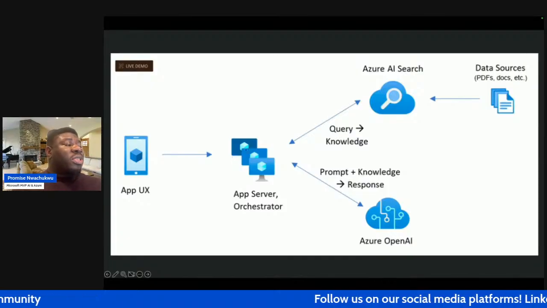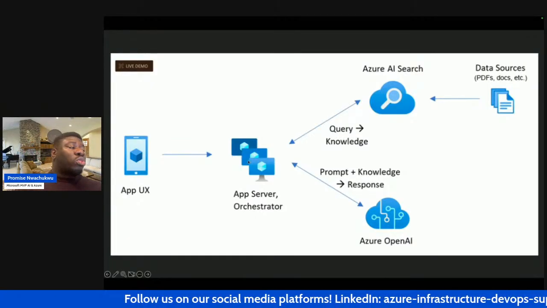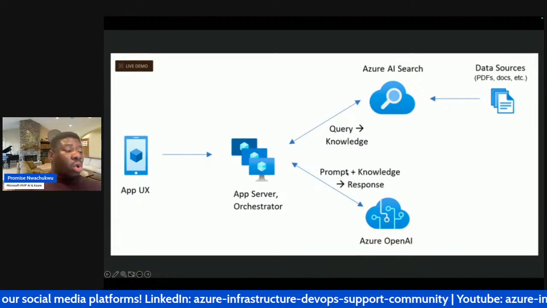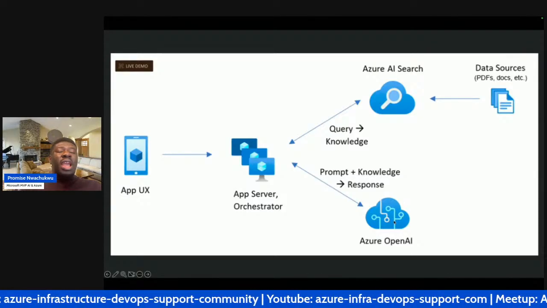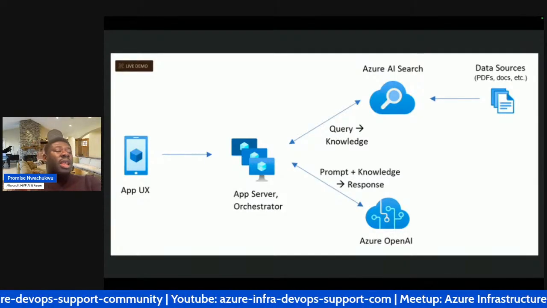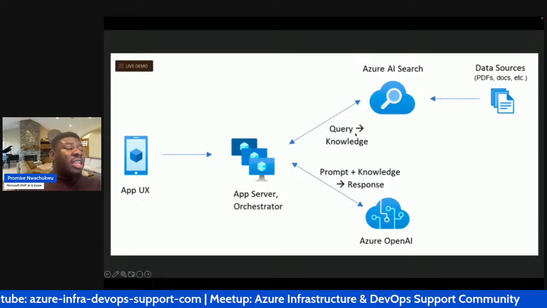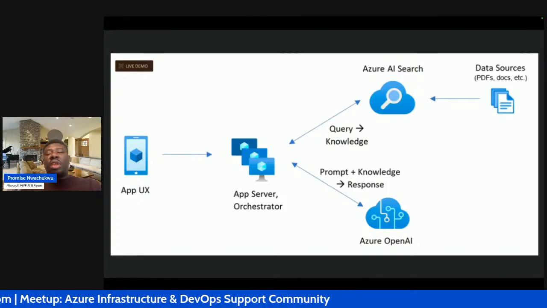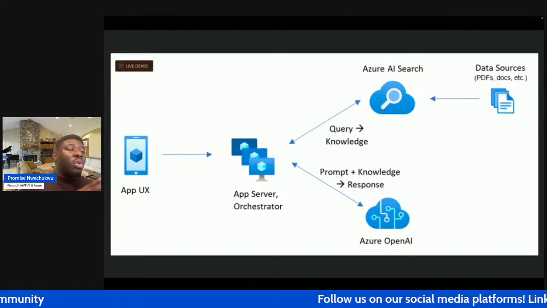The query comes down here to the host, but before this host replies back to the client, it talks to Azure OpenAI. Azure OpenAI understands the prompt, and in terms of the knowledge base, it then comes here and checks on the Azure AI Search: do we have a knowledge base or something that relates to this particular topic in question?